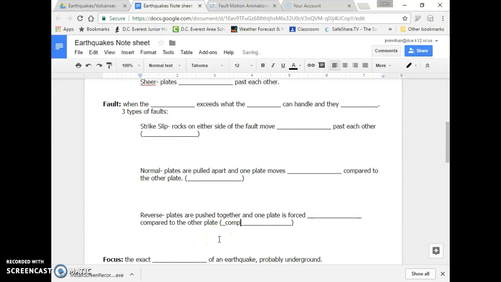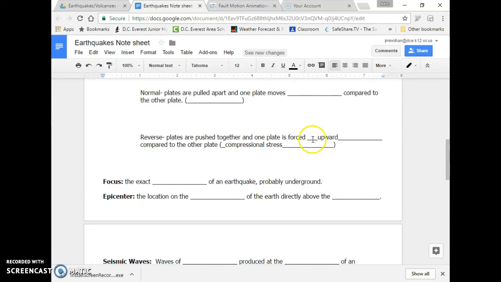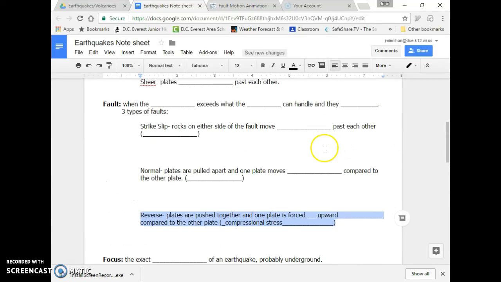So this is caused from compressional stress. And that's going to cause the plates to be pushed together and one plate is forced upward compared to the other plate. Okay, so again, like I said, we're going to match these together. So we've taken a compression stress, which is again compressing or pushing something together. And those compression stresses cause a reverse fault when plates are pushed together.